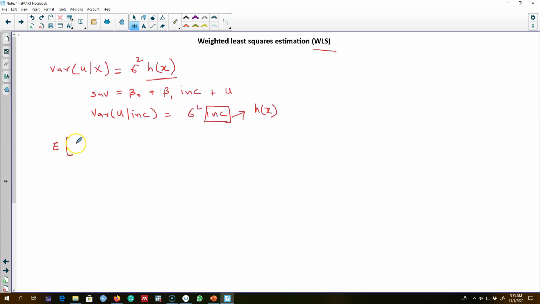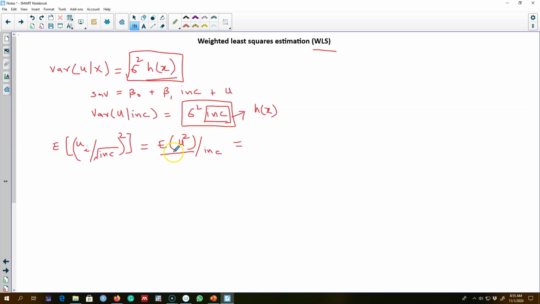So this is our error u. What we can do is divide it by this function. In this case, it is income, and we're going to take the square root of it and then square it, and this will be equal to the expected value of u squared divided by income. Now we know that this term is this and this.